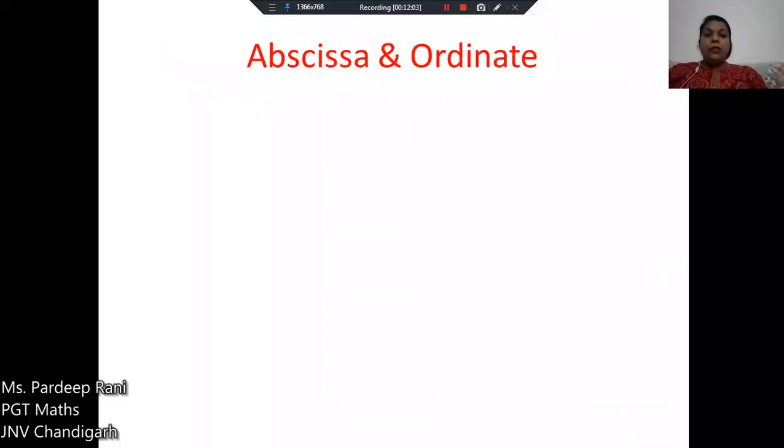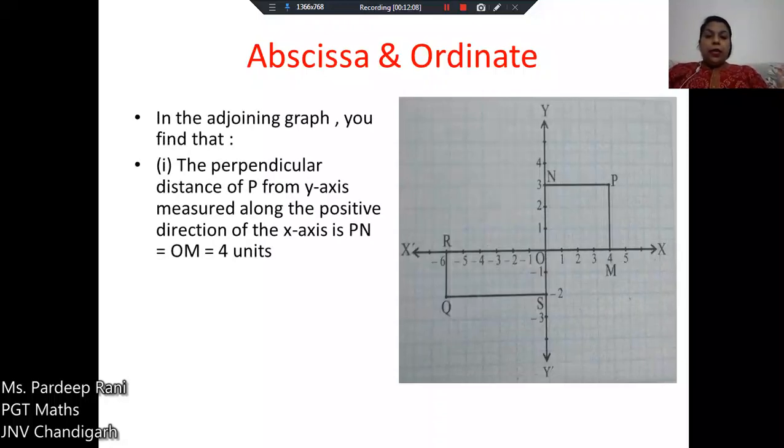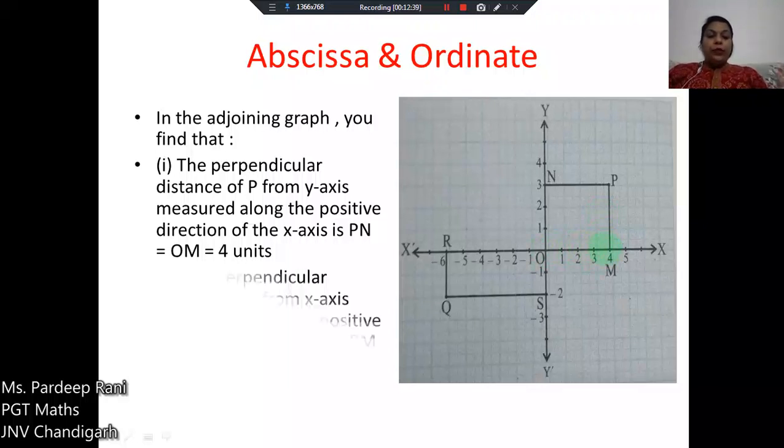What are abscissa and ordinate? Dear students, in the adjoining graph, you find that the perpendicular distance of point P from the y-axis, which I am pointing out here, measured along the positive direction of the x-axis is given by PN, which is also equal to MO or OM, and this distance is 4 units.